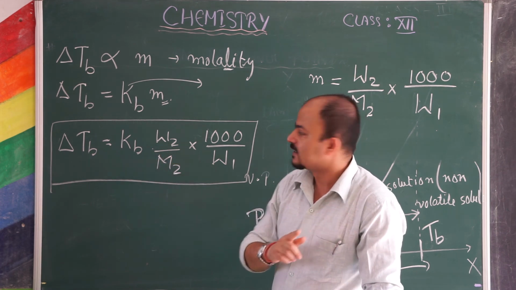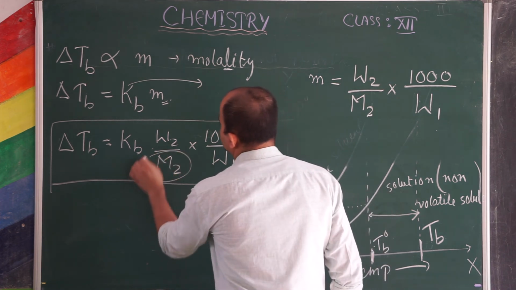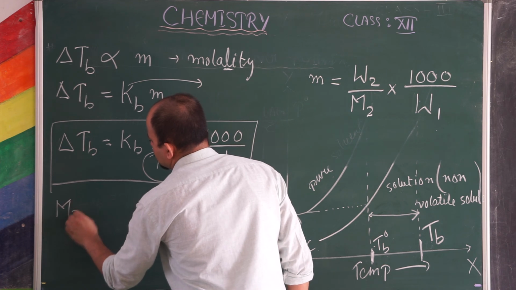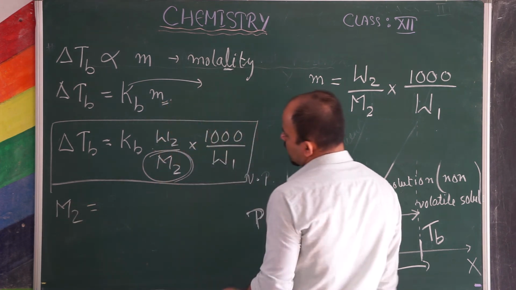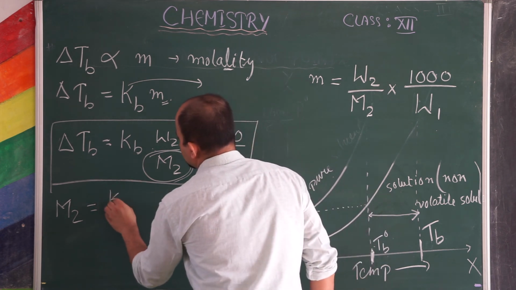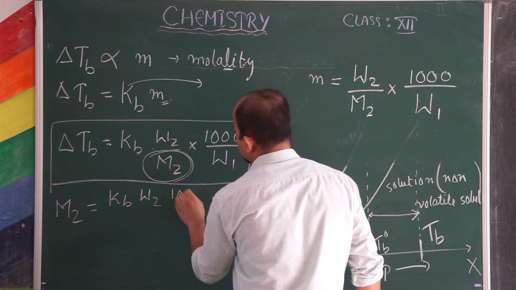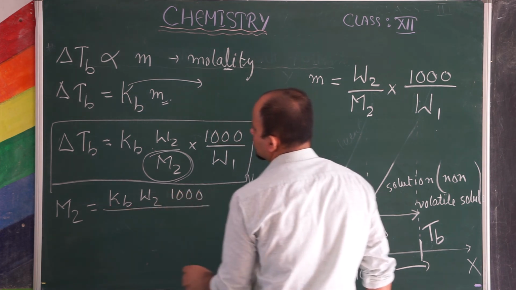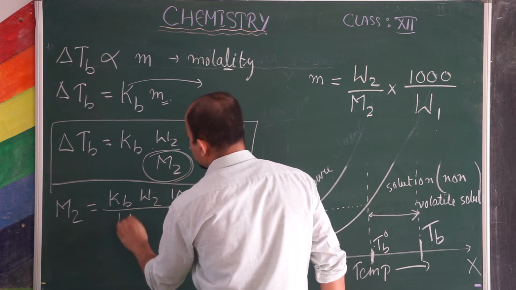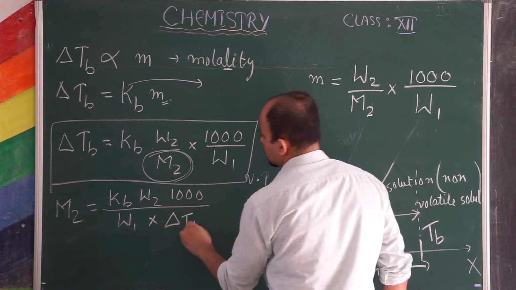Please don't forget that here you might be asked to calculate the molecular mass of the solute particle. If you are asked that, you can just write the equation in this form: M2 will be equal to Kb W2 1000 divided by W1 into delta TB.